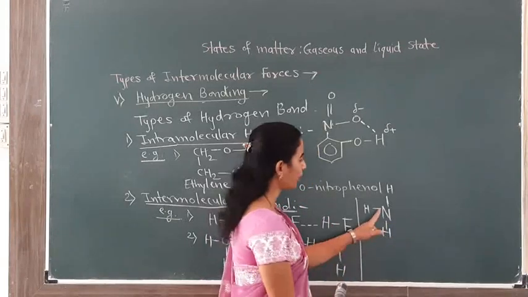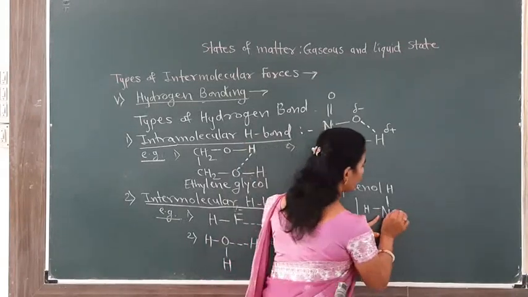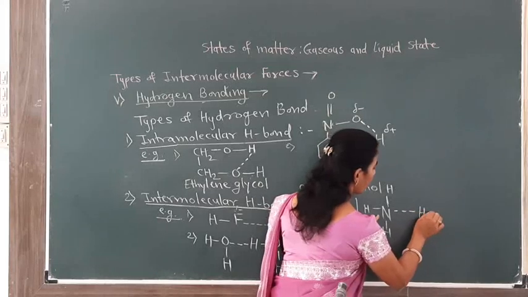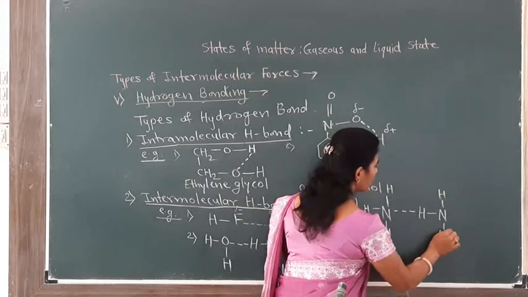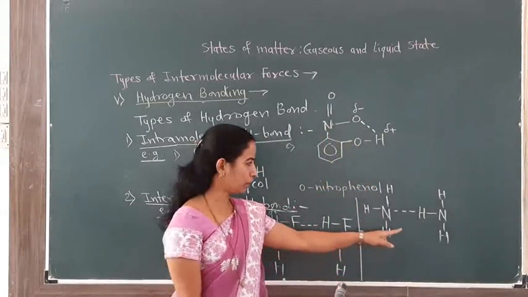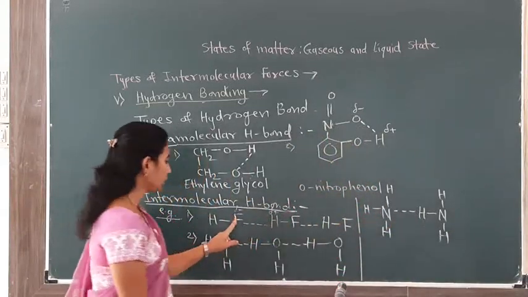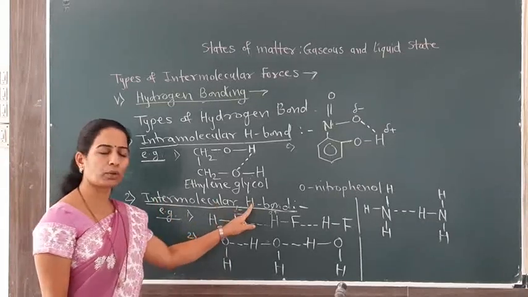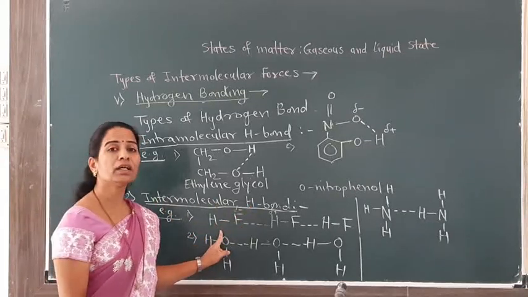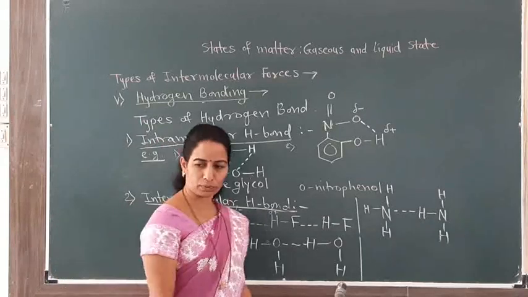Here, the nitrogen atom of one molecule will form the hydrogen bond with the hydrogen atom of another ammonia molecule. In this manner, these examples are showing the intermolecular hydrogen bonds within the same kinds of molecule.